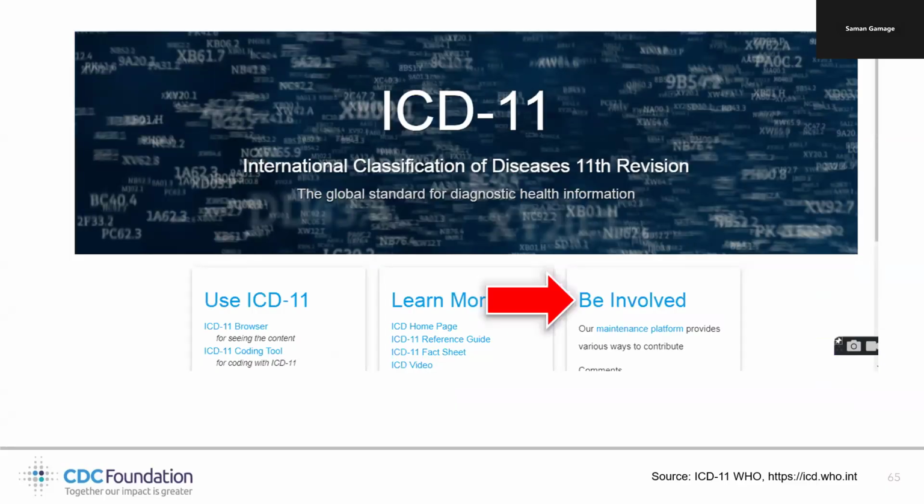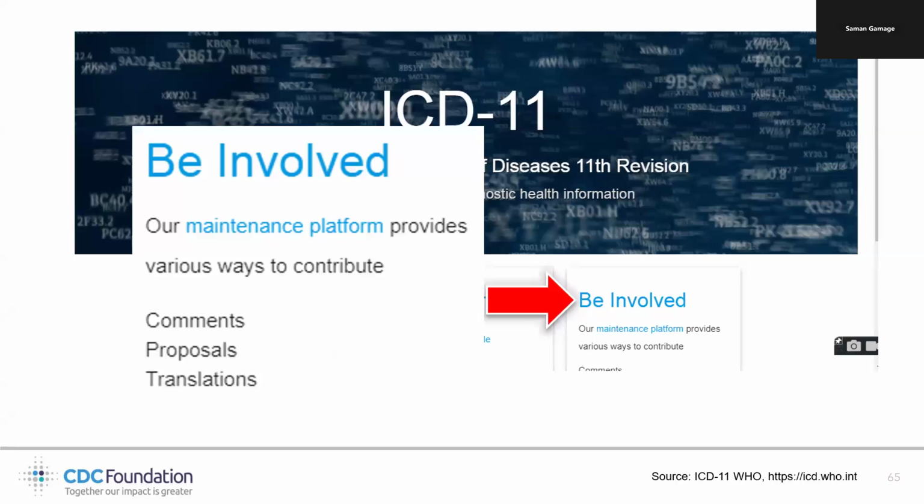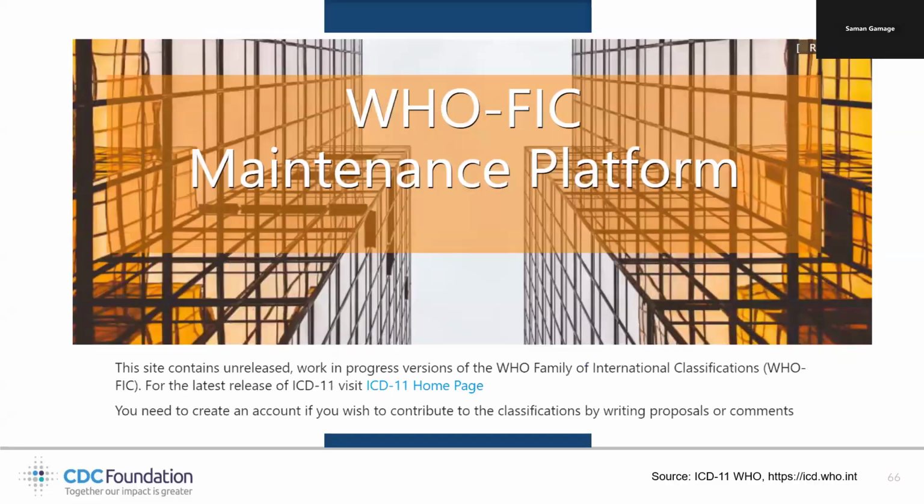There is also an opportunity to be involved with the maintenance or development of ICD-11. There are various ways to contribute. You can comment, you can submit proposals, and you can work on translations. This facility is made available through the maintenance platform. This is how the maintenance platform looks.